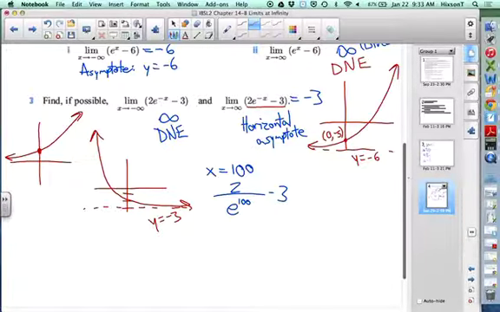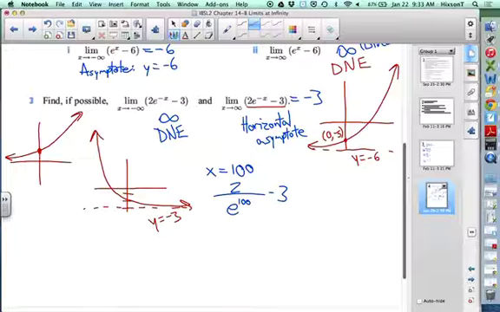So if you apply the different transformations here, it's stretched vertically times 2, it's reflected across the y-axis, it's shifted down 3. You can actually sketch it yourself if you know the parent function.